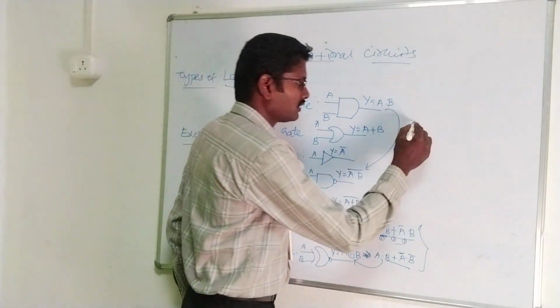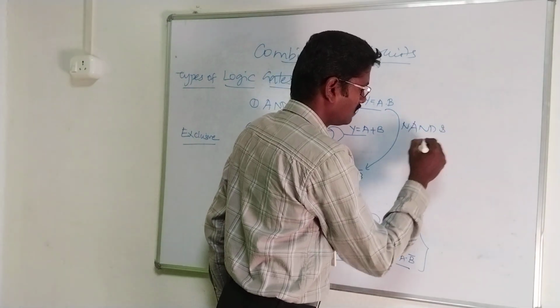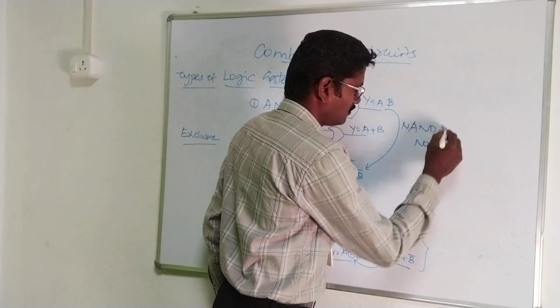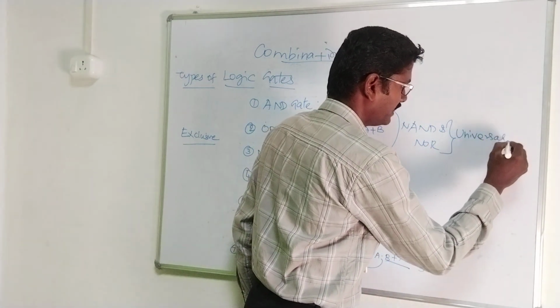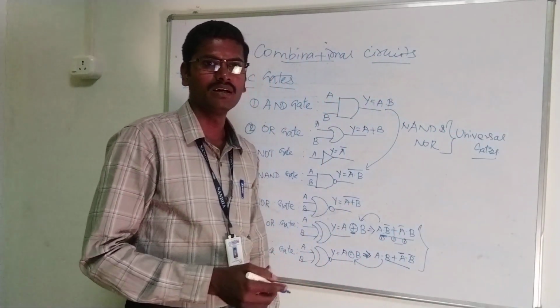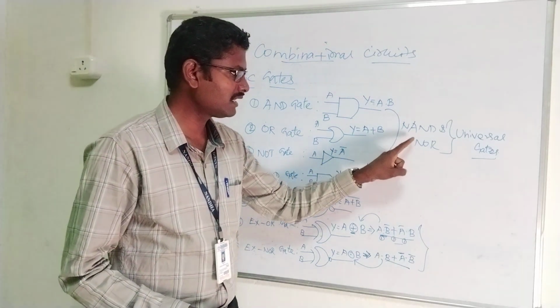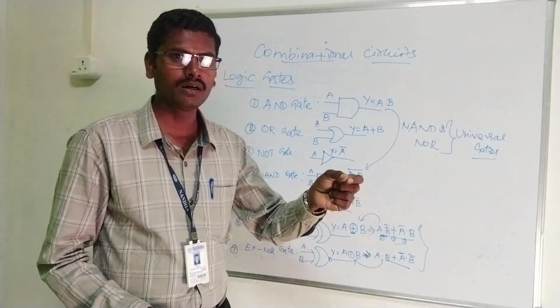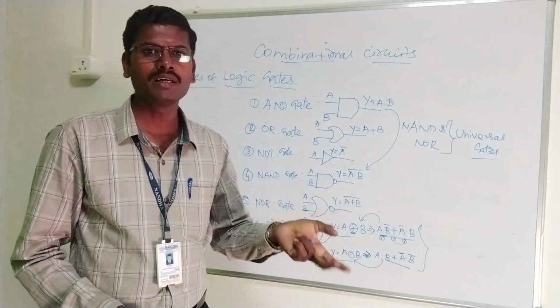So one more thing, NAND gate and NOR gate, these both gates are named as universal gates. So why are they named as universal gates, right? Because let us assume that we have NAND gate and NOR gate to implement a particular application or to perform arithmetic or logical operations.